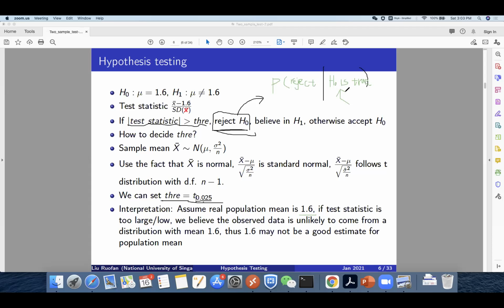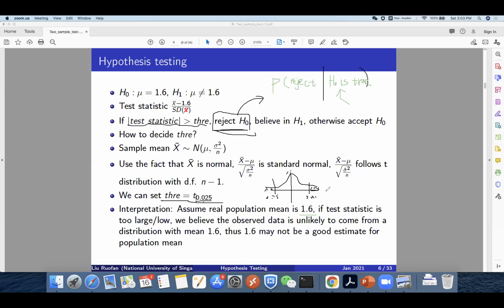But my question here is, if we're choosing the probability of 0.025, the shape is symmetric, right? So there's supposed to be another 0.025. So when we add them together, shouldn't we sum them up as 0.05?